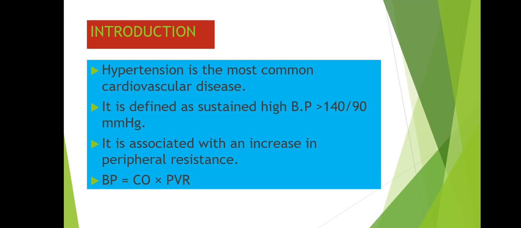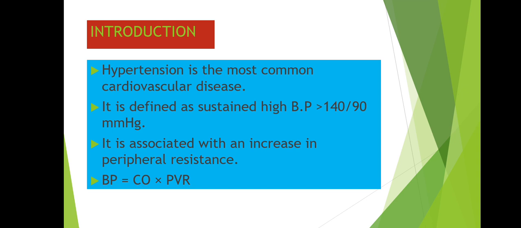So here we go. Hypertension is the most common cardiovascular disease. This tells us that hypertension is a cardiovascular disease. It has something to do with the heart and its blood vessels.